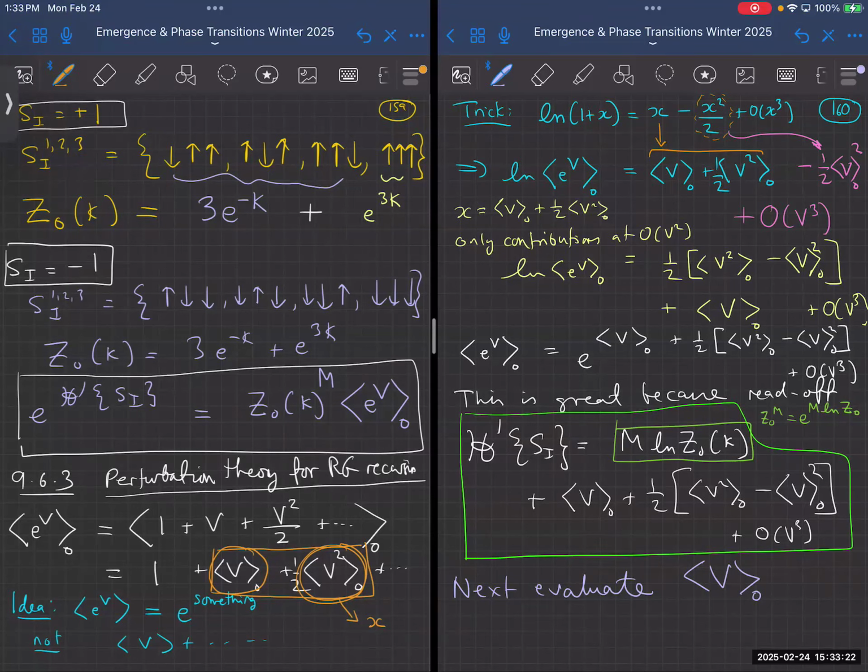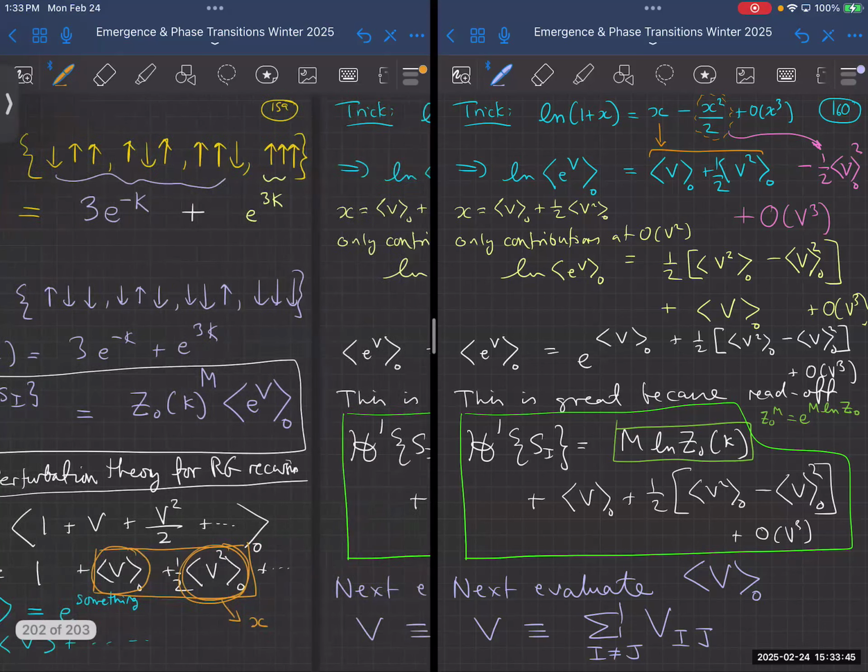V couples nearest neighbor blocks, so I'm going to write that V is equal to the sum over i not equal to j, these are nearest neighbor blocks, of V_ij, like so.